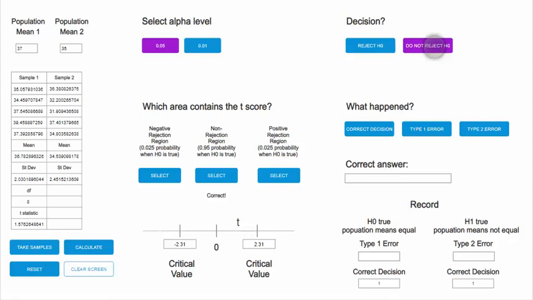But if you look at the population means, there is actually a small difference. They're two apart, which means that there is a difference, but my data set simply failed to pick up on it. My data failed to show strong enough evidence for that difference.